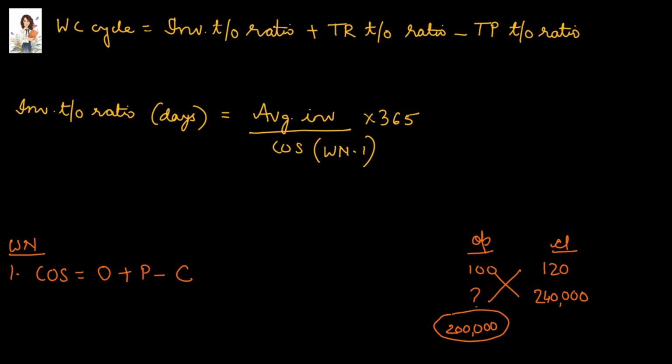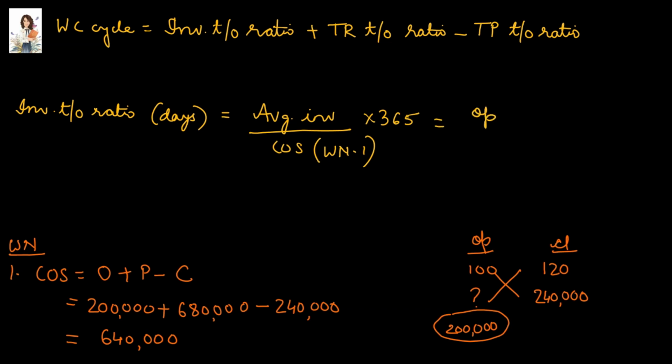So we will use these figures to find out our cost of sales. $200,000 of opening inventory plus $680,000 of purchases minus $240,000 of closing inventory. That gives us a cost of sales of $640,000.